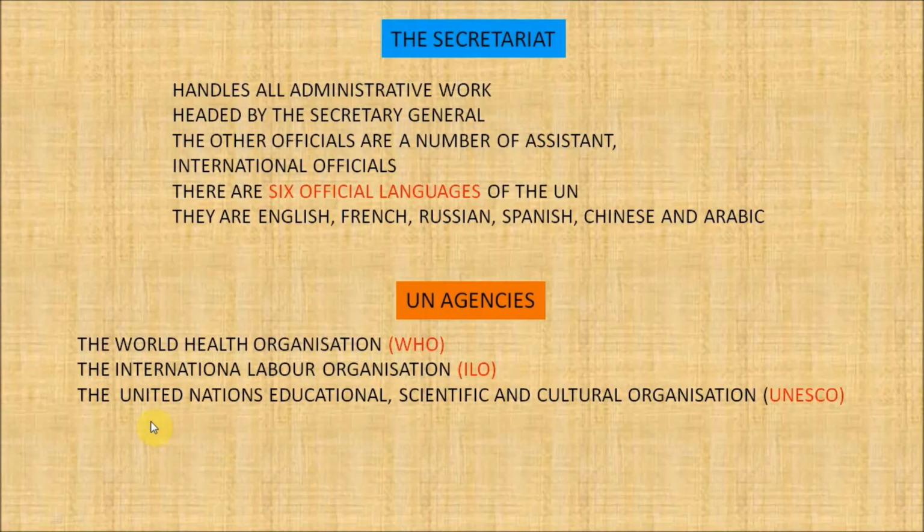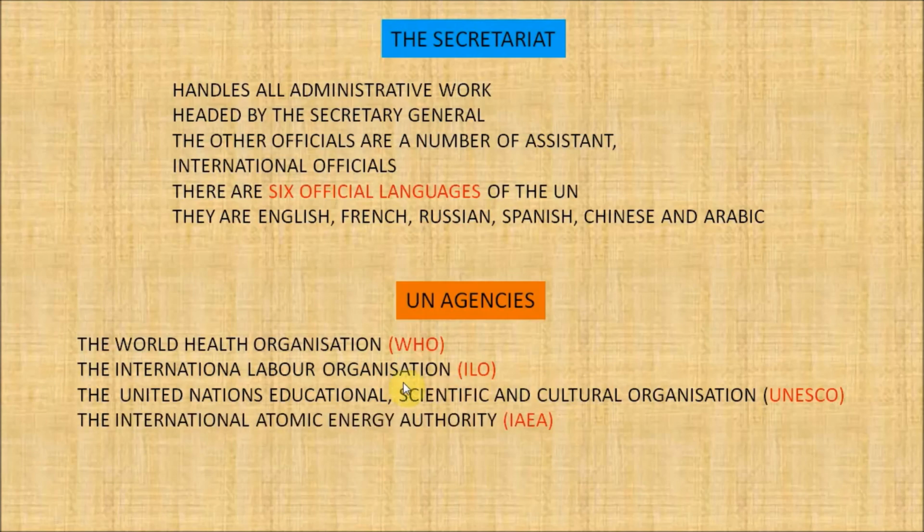And the third agency, the United Nations Educational, Scientific and Cultural Organization, that is UNESCO. UNESCO has the task of ensuring education and the sharing of knowledge to lead to a universal respect amongst all people.